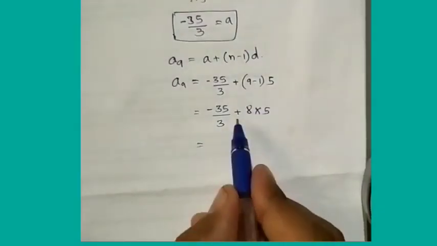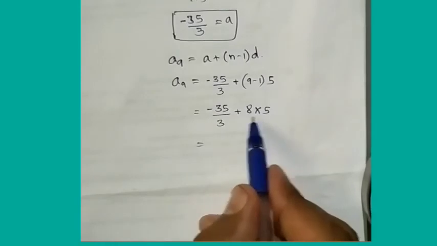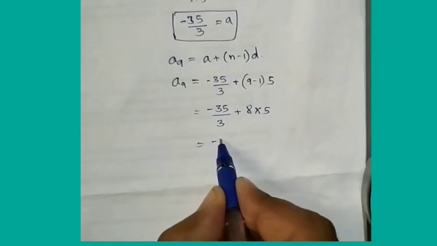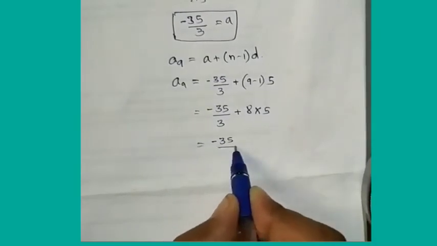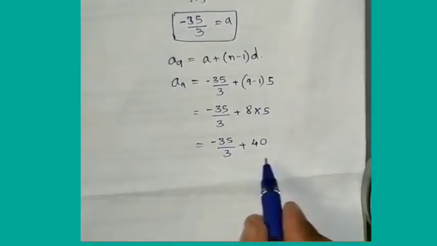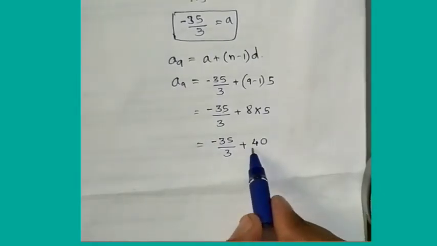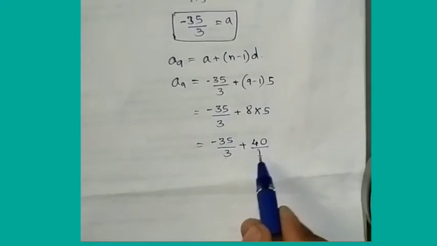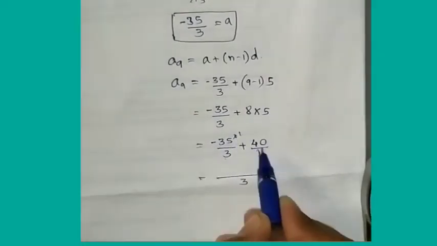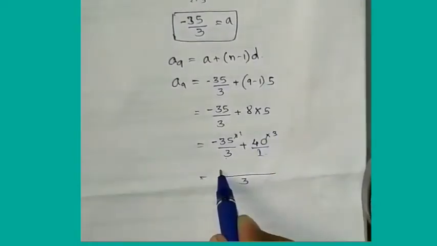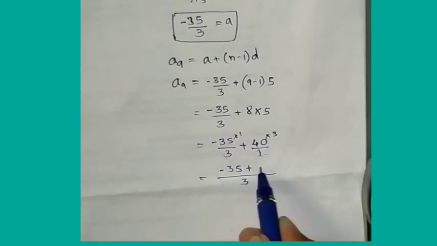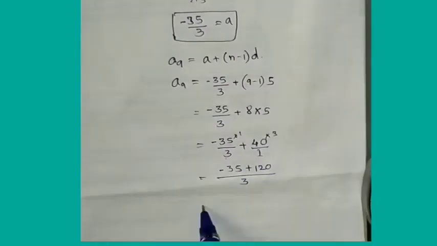Whenever you get plus and into, at that time we have to go with multiplication first, then addition. It is basic, you should know that. Minus 35 by 3 plus 8 fives are 40. See here, the denominator is not there, which means it is always 1. So the LCM of 3 and 1 will be 3. So here we got minus 35 plus 120.